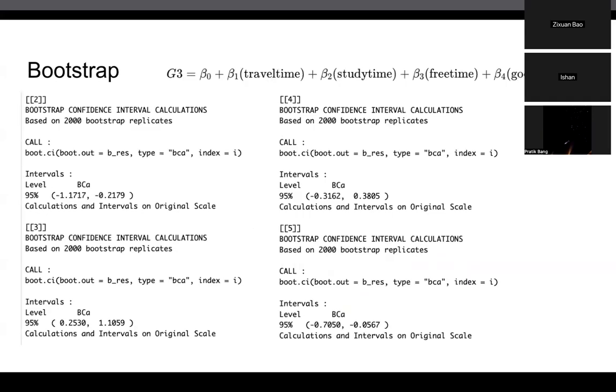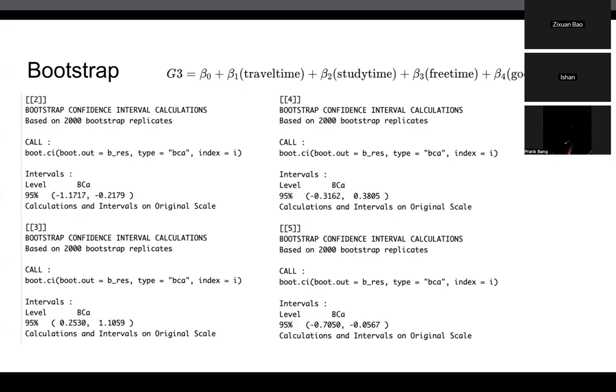Also, we conducted the bootstrap to avoid any normality issues in this model, and we show that the range of the slopes in this model, that is for travel time, is around negative 0.2, and for study time slope, it is around 0.25 to 1.1.